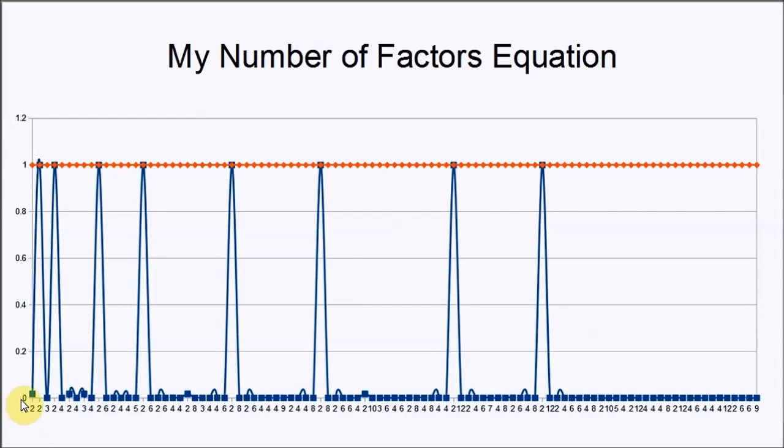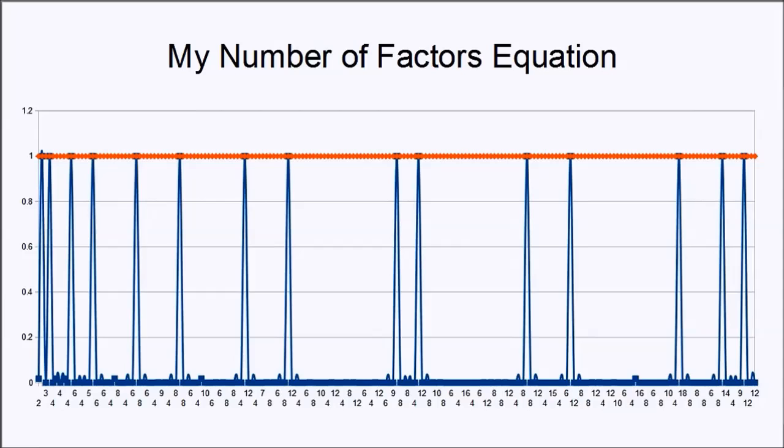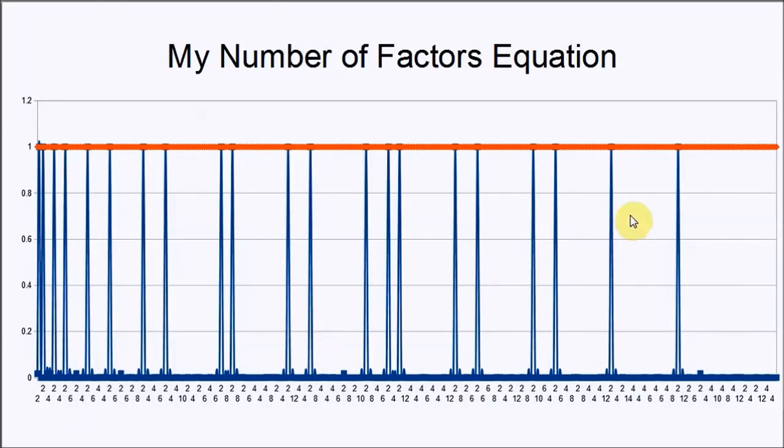Here, it checks between 1 and 100, and it says that there are 1, 2, 3, 4, 5, 6, 7, 8 twin primes. Between 1 and 200, it says that there are 1, 2, 3, 4, 5, 6, 7, 8, 9, 10, 11, 12, 13, 14, 15 twin primes. And between 1 and 200, it says that there are 21 twin primes.